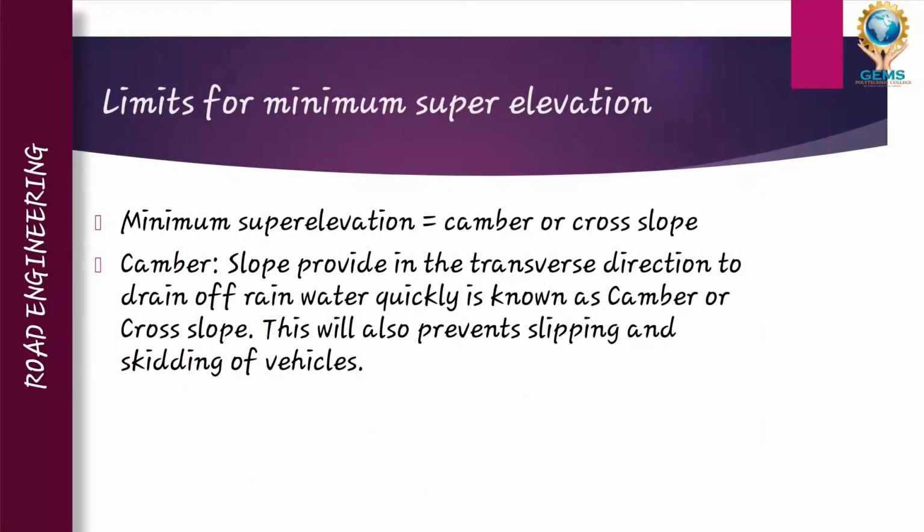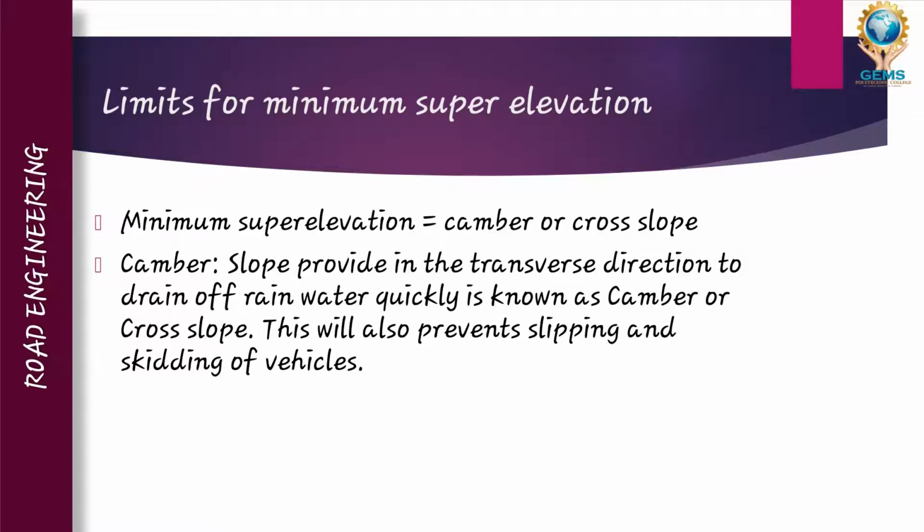Limit for minimum super elevation. Minimum super elevation is equal to camber or cross slope. If we give camber or cross slope, that is the minimum super elevation. Camber is the slope provided in the transverse direction to drain rainwater quickly, known as camber or cross slope, and this will also prevent slipping and skidding of vehicles.